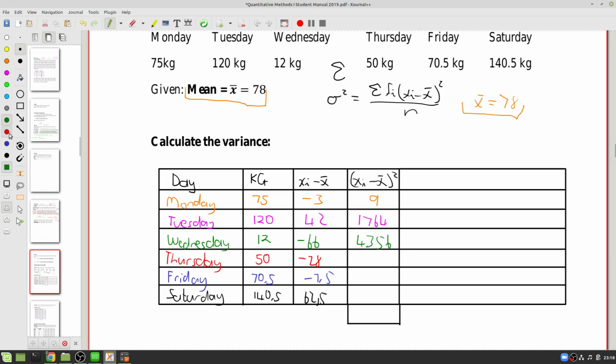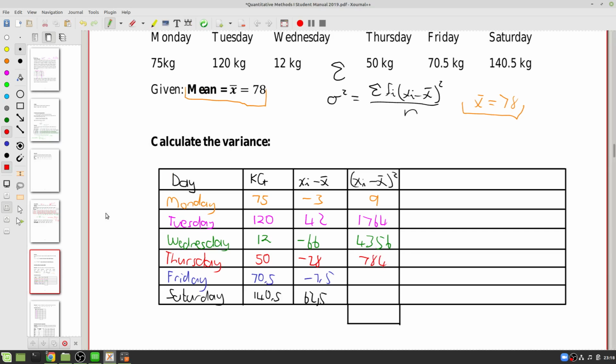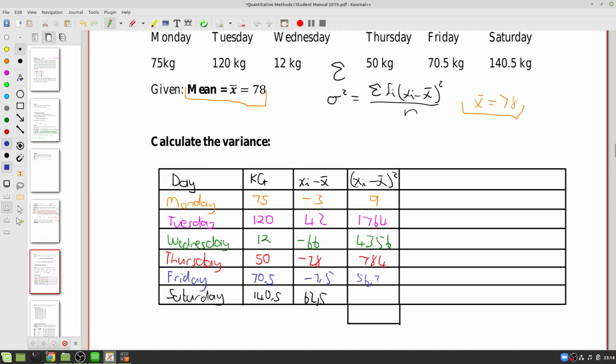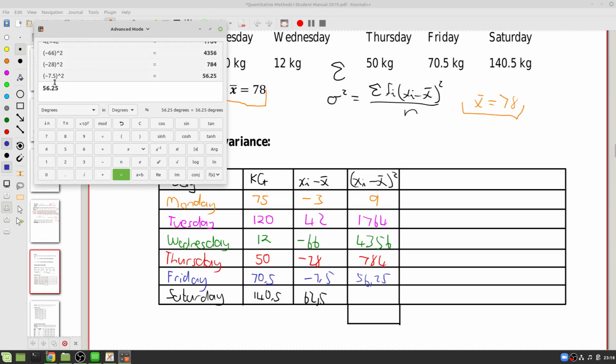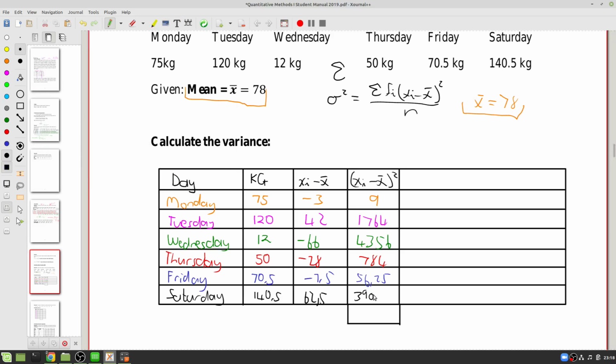Negative 28 squared, 784. Then we do the same with negative 7.5, 56.25. And one more to go, 62.5 squared, 3906.25.